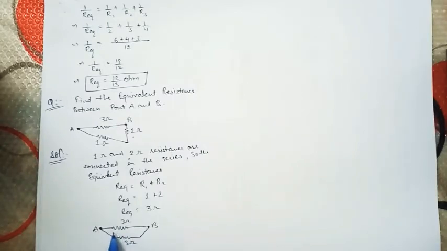But if we are having two paths, then it is a parallel combination. Now we calculate the equivalent resistance between point A and B, where 3 ohm and another 3 ohm resistance both are in parallel combination. Now we are applying the formula of parallel combination.